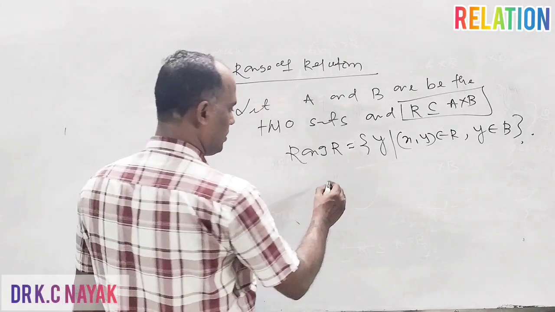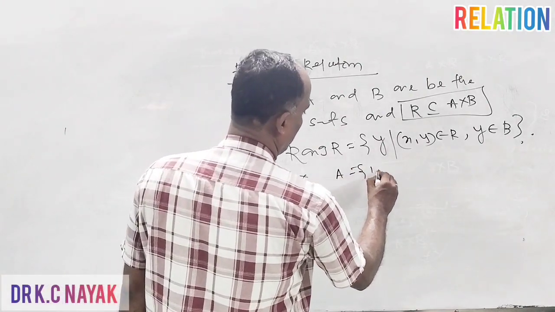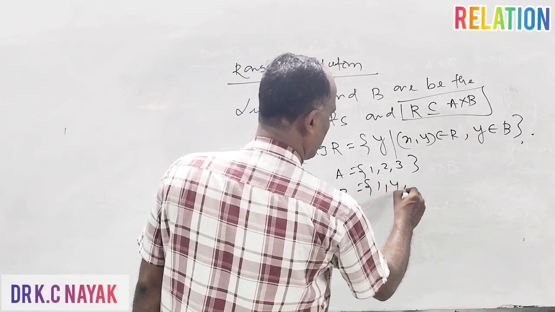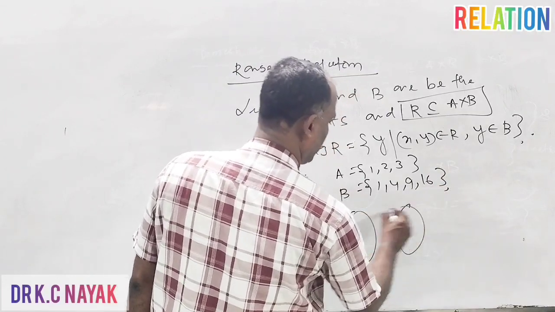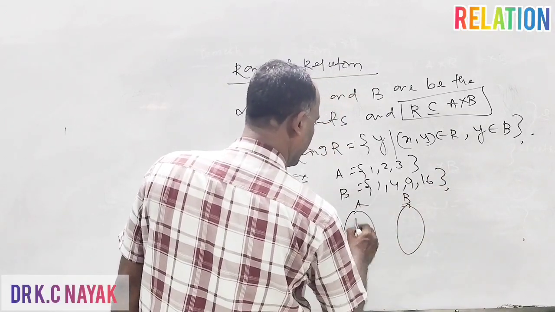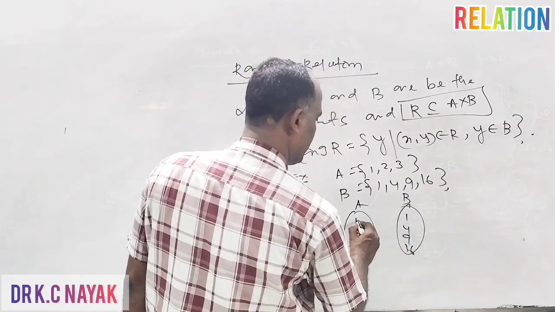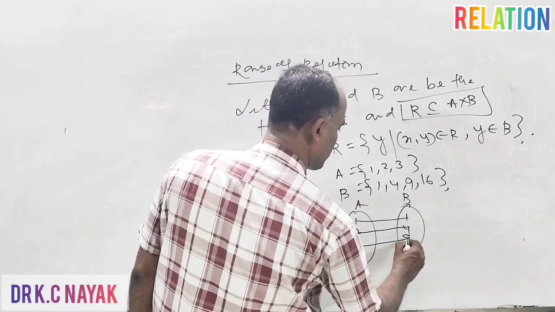For example, suppose A is the set {1, 2, 3, 4} and B is the set {1, 4, 9, 16}. Then we develop a relation from A to B, where 1 is associated to 1, 2 is associated to 4, and 3 is associated to 9.